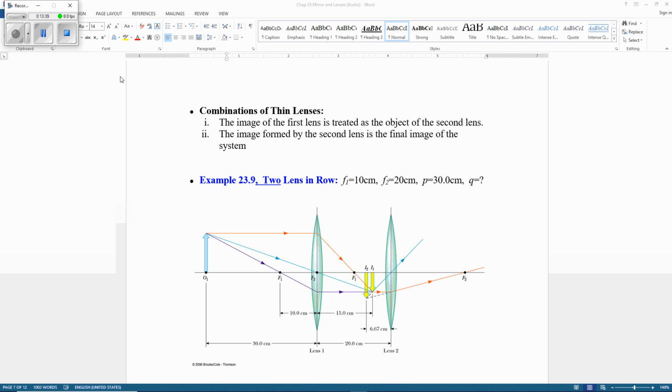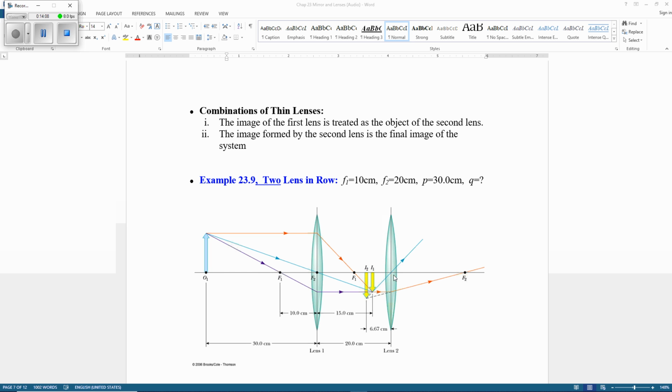Now next we're going to study combinations of thin lenses. We have 2 or more lenses in a series setup like this one. It can be 2 converging lenses, or 1 converging and 1 diverging, for different applications we can discuss.